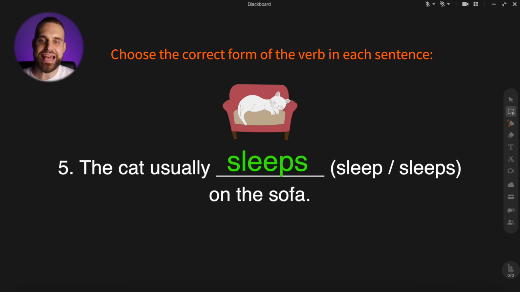Just rewind the video a bit and double check how we form affirmative sentences in the present simple.